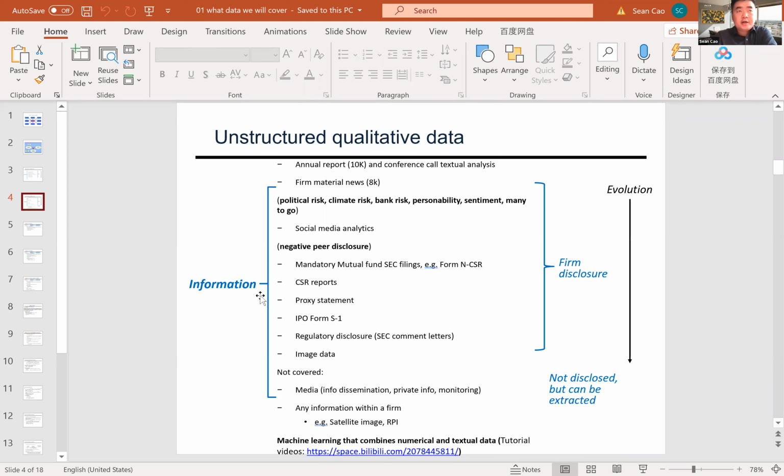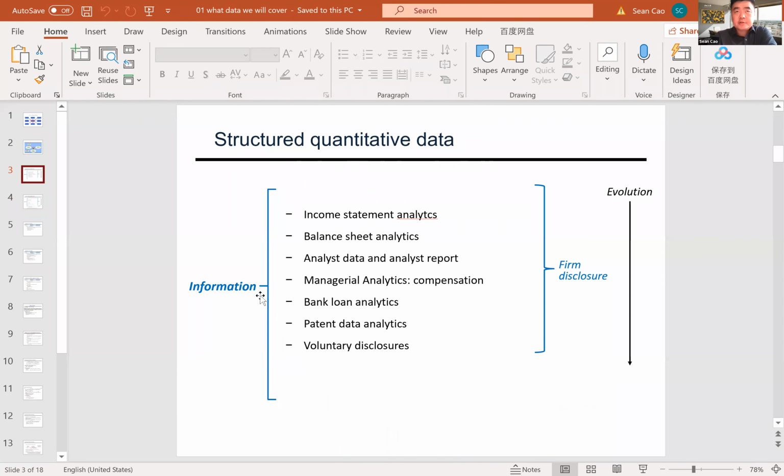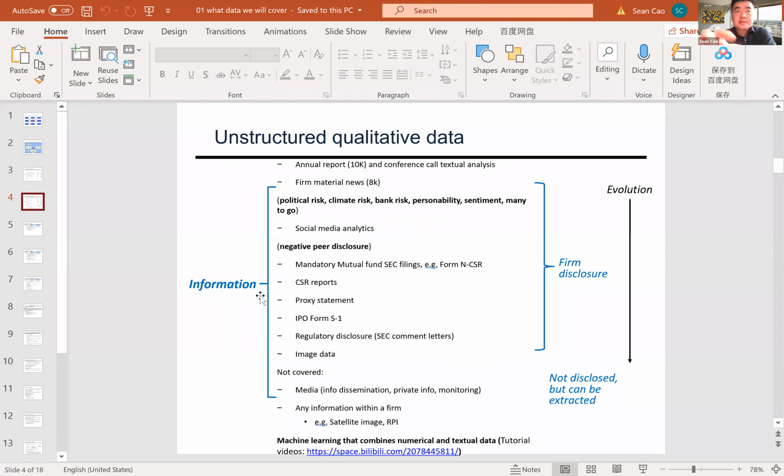So I want to spend some time talking about the two slides. The structured quantitative data: you see, the keywords here are structured and quantitative. The reason these are keywords is because this numerical data is ready to use. And then the second slide is unstructured qualitative data.